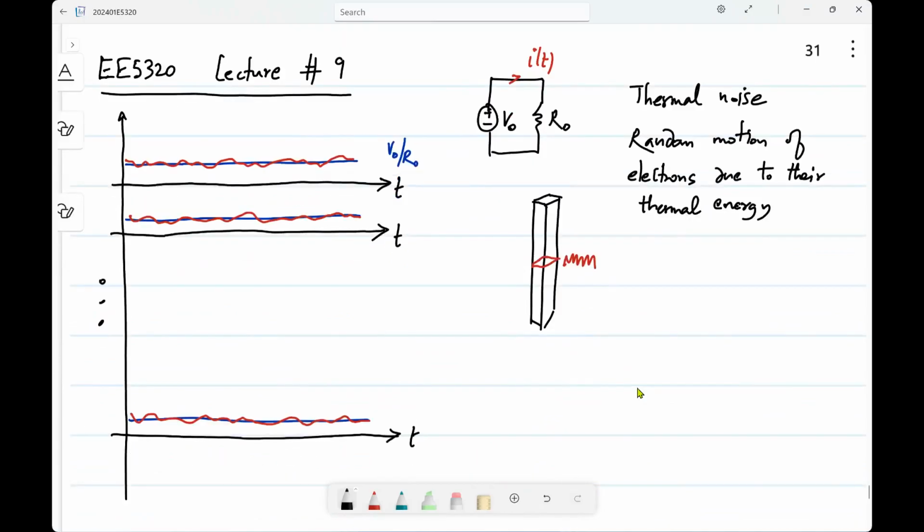Now this part, the instantaneous current minus the current that you expect from Ohm's law, is basically the noise current.